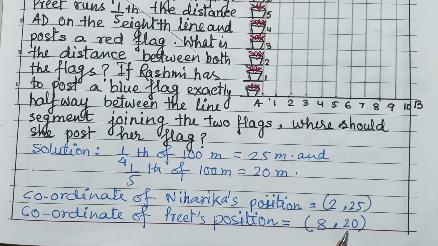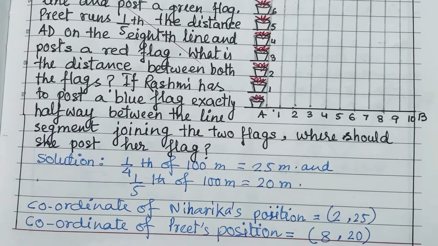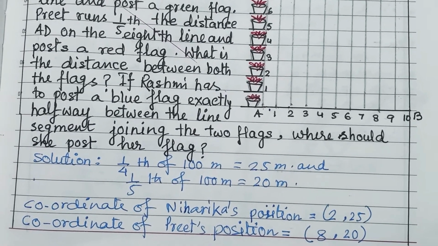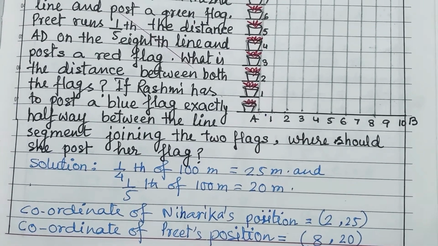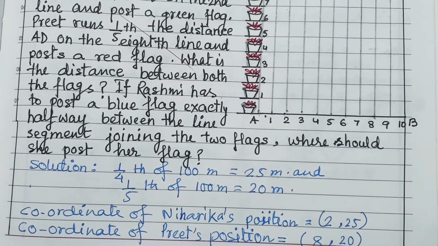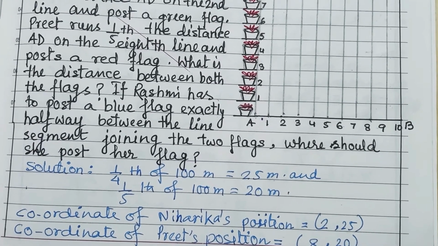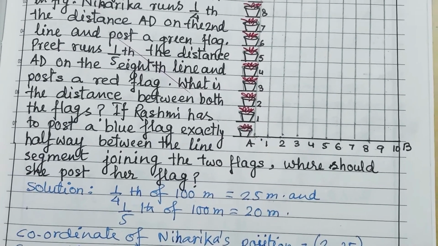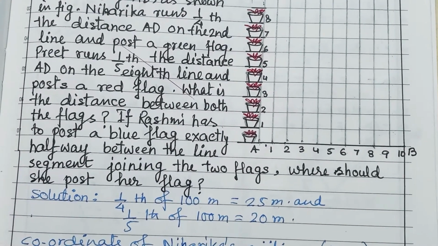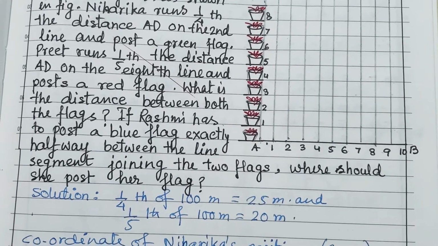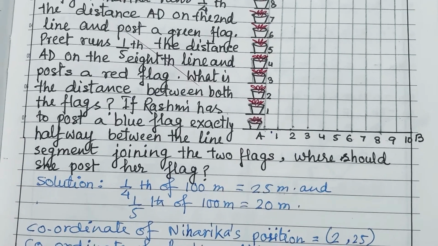Now if Preet runs 1/5 the distance AD on the 8th line and posts the red flag, what is the distance between both the flags? If Rashmi has to post a flag exactly halfway between the line segment joining the two flags, where should she post her flag?